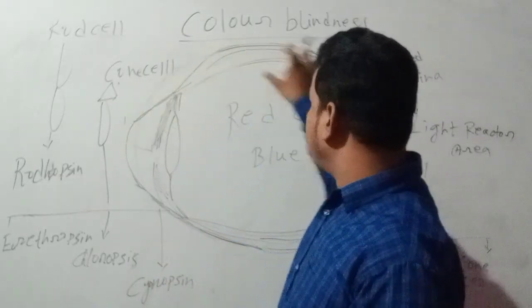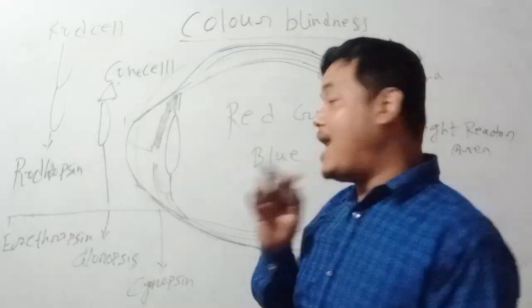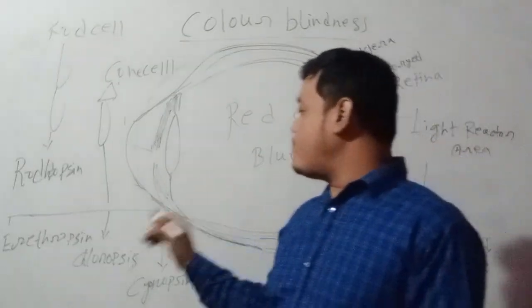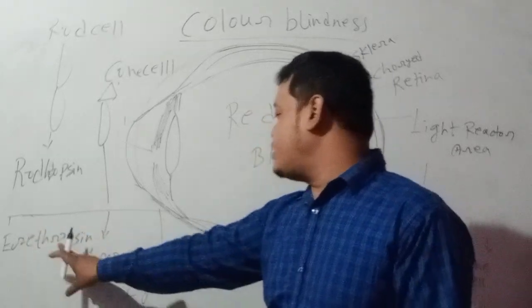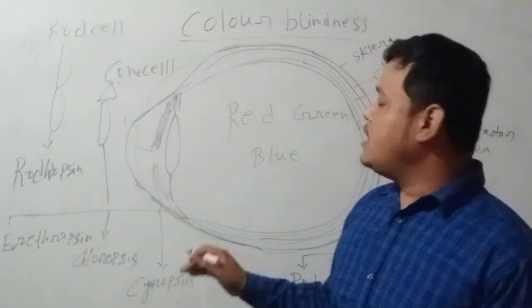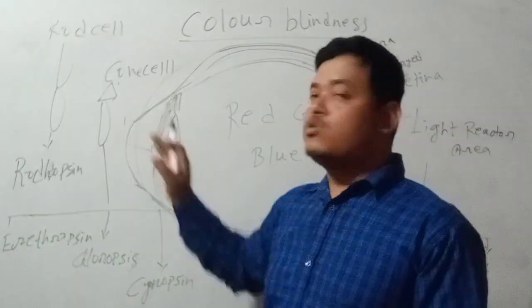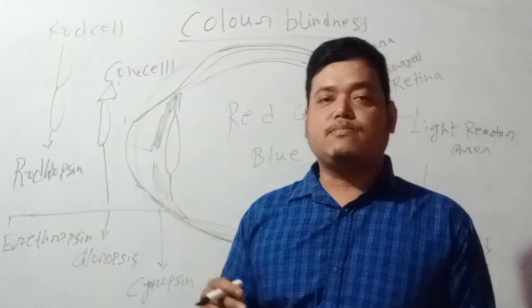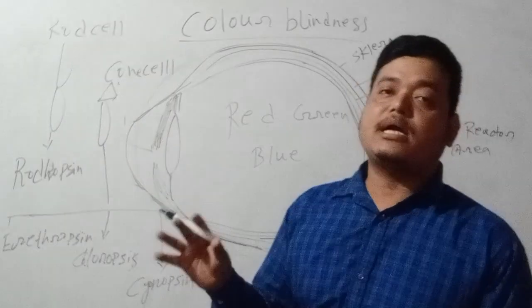Cone cells are active in full light, that means daytime. So if a person has all these proteins, erythropsin, chloropsin and cyanopsin, then all the cone cells are active, and he or she can differentiate between the colors.